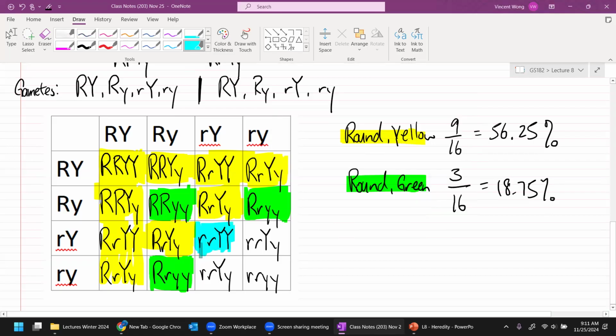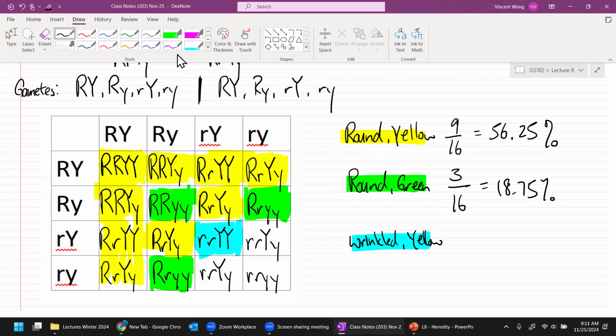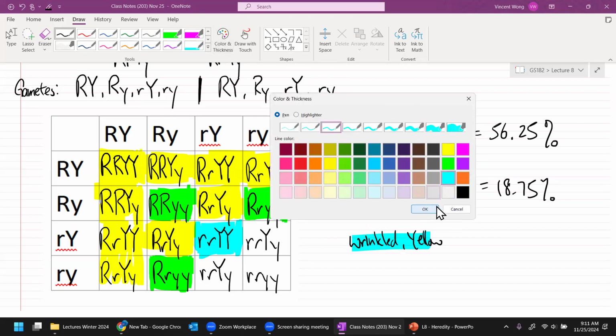What is this one? Yeah, wrinkled and yellow. Okay, how many wrinkled and yellow? I mean, there isn't a lot of choices now. Should be quick.